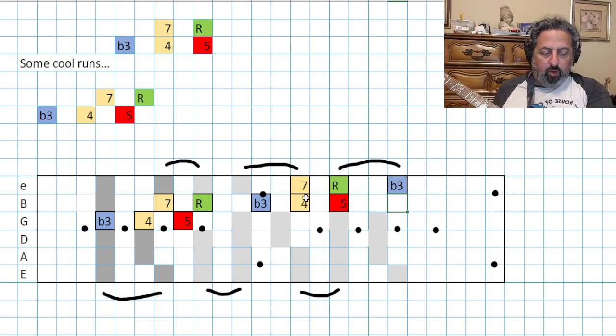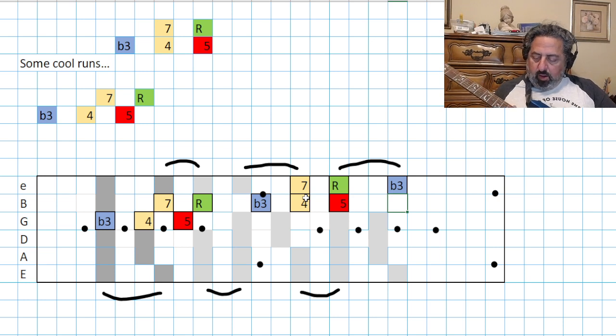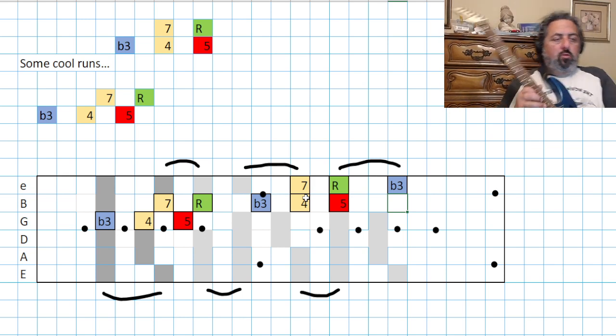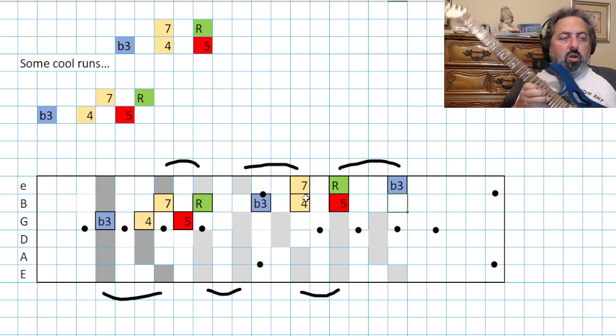Calling this above, even though when you're looking at your fretboard, I guess you could consider that above or below, I guess. But so. Trying to get that in the camera picture here.